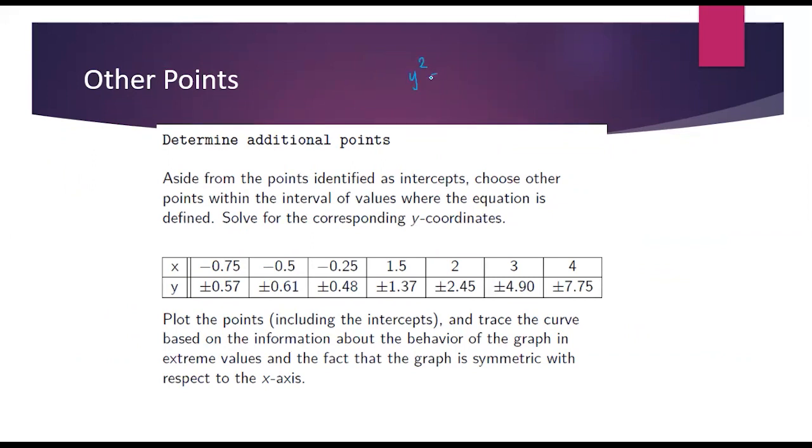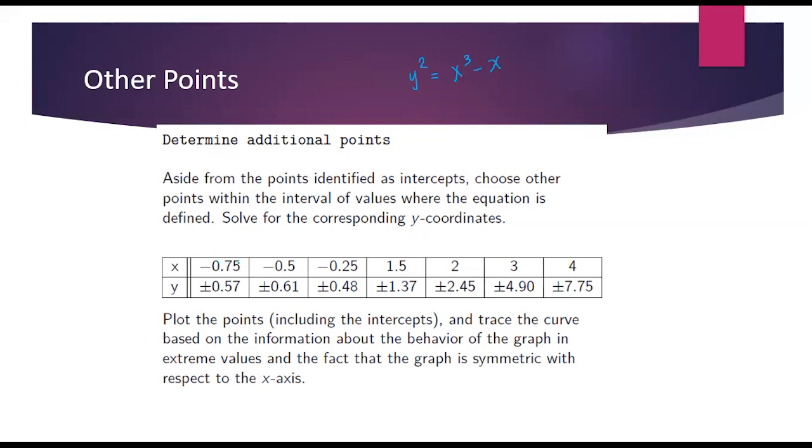You have y squared equal to x cubed minus x. When you set the values of x, remember our domain, because if you set values for x which are not included in our domain, it will give you an imaginary number. So be careful.